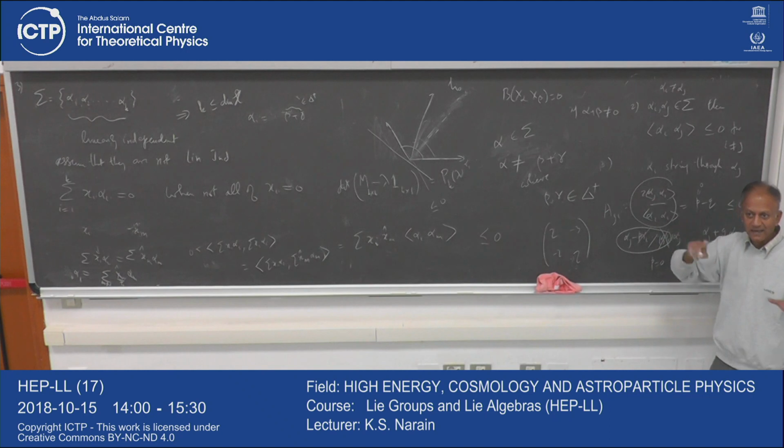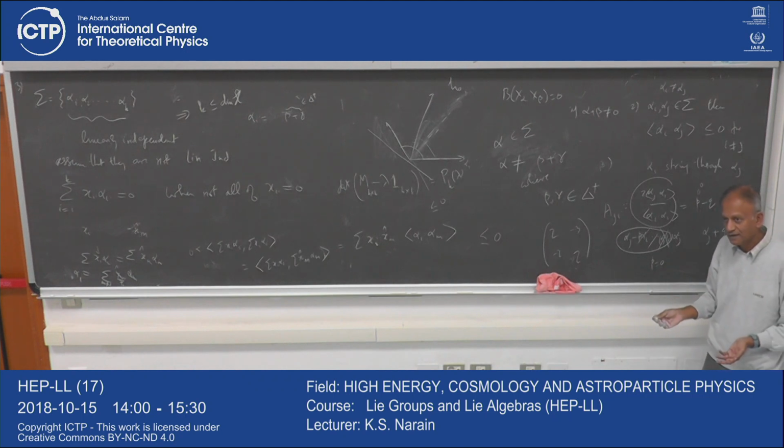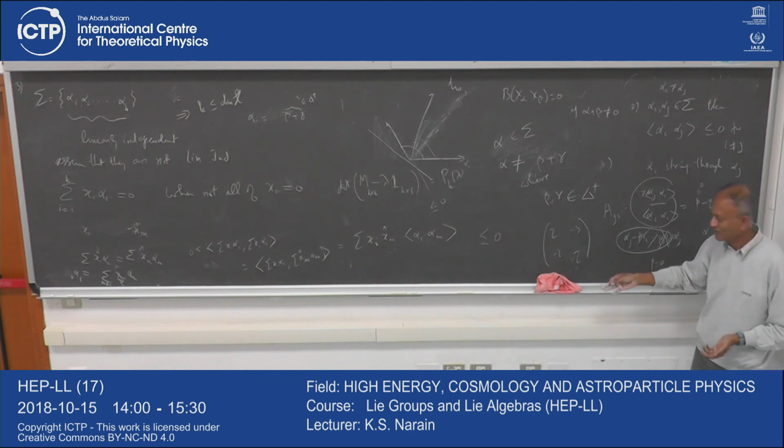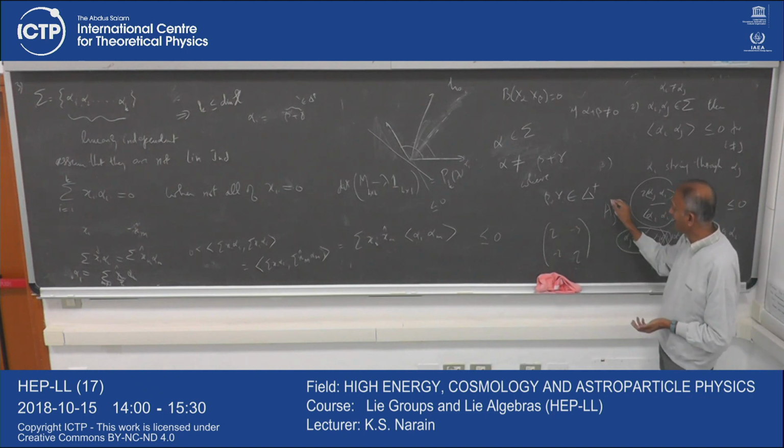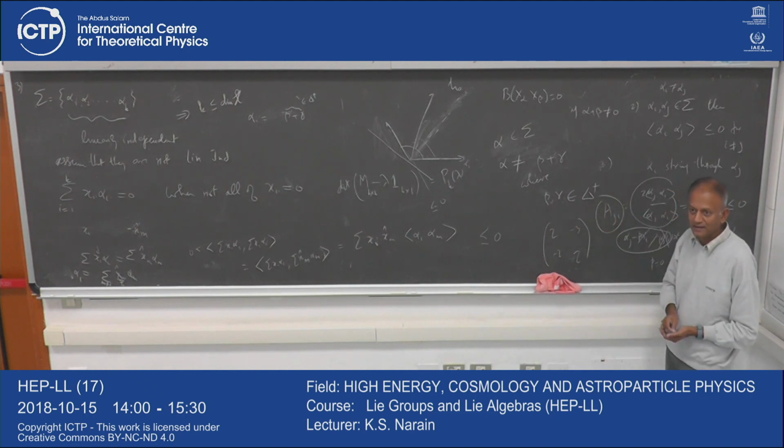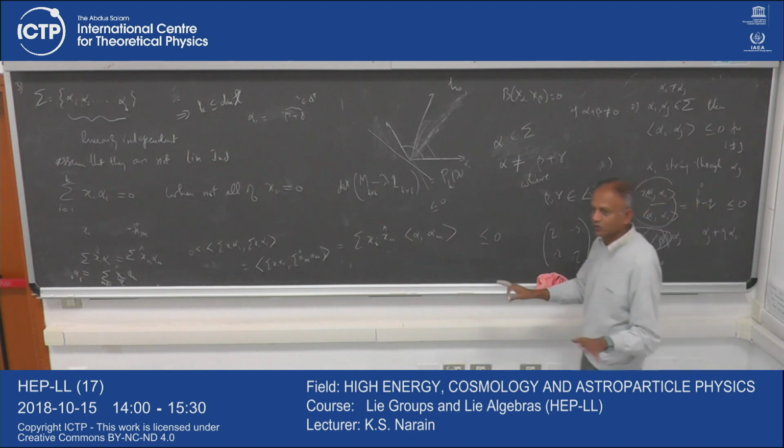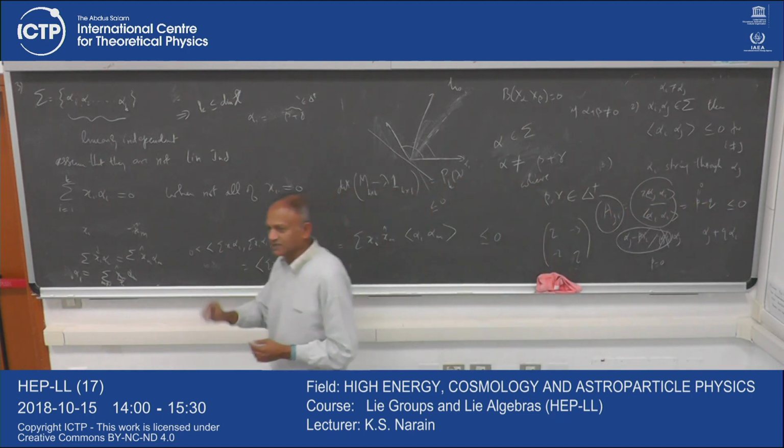Then given these lengths, can I construct these to be linearly independent or not? Many times you come to the conclusion it's not possible, so it's not allowed. This way you classify all the possible allowed Cartan matrices, and that turns out to be just SUN, SON, SPN, plus a few exceptions.